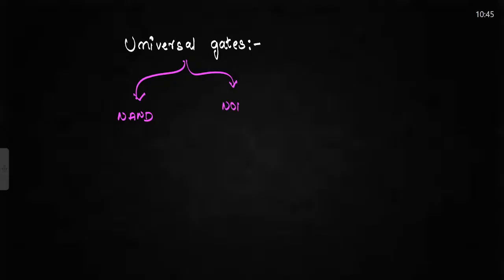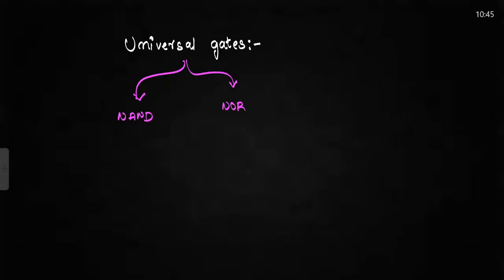Let us start with universal gates. So what are universal gates? In the previous class we learned about them, right? One is NAND, another is NOR.